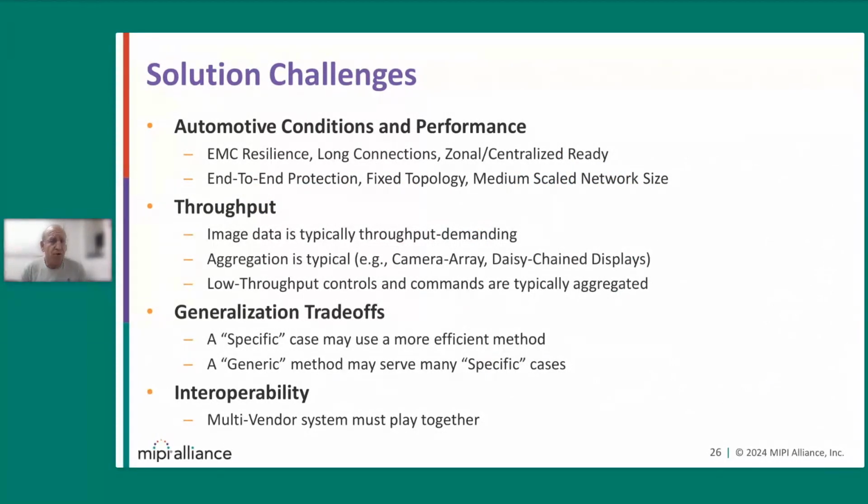It is a fixed topology. Cars are made once and the topology is fixed for the entire use of the car. And it is a medium scale network, so it's not like the World Wide Web with trillions of addresses and devices. It's big, but not so big. In terms of throughput, both in sensors and display, we are speaking of image data, which is typically high throughput demanding.